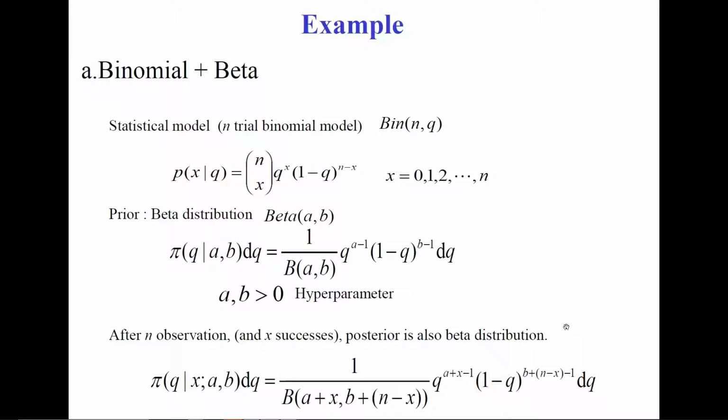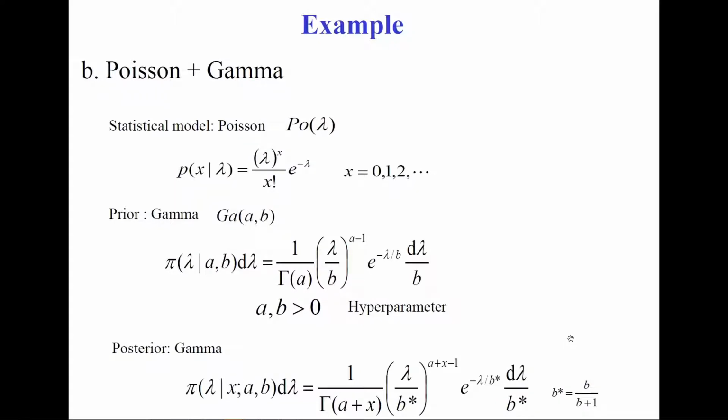Okay, let's go to the next example. The next example is a combination of Poisson distribution plus gamma distribution. The statistical model is given by a Poisson distribution with mean parameter lambda, which is a positive constant.